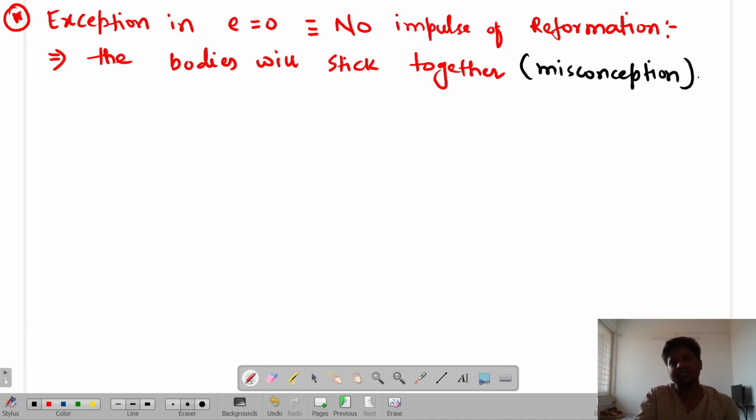Sometimes E can be 0 also. You will see about that. Okay. So, we'll talk about this. Let's suppose I'll take an example of that. So let's suppose the bodies are moving in this line.